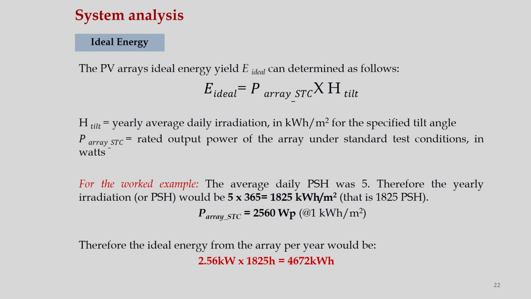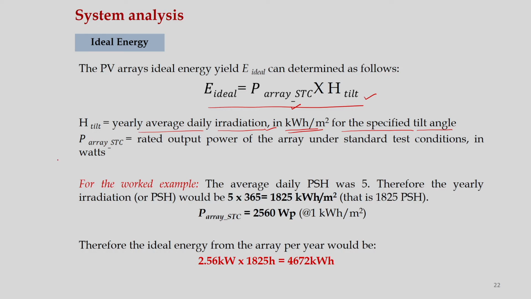Now, let us calculate the ideal energy, that is the PV array ideal energy yield, which can be determined by using this expression. P array STC is known to us because we know the rating, and then H tilt. What is H tilt? It is the yearly average daily irradiation, that is average irradiation data, normally represented by kilowatt hour per meter square for a specified tilt angle.